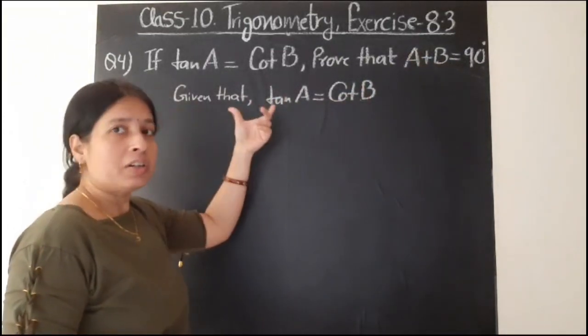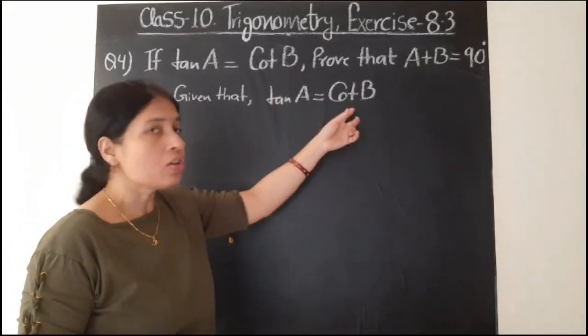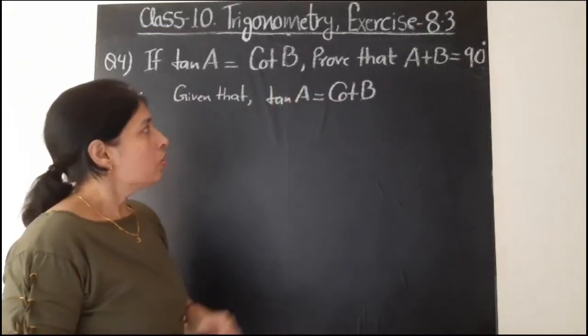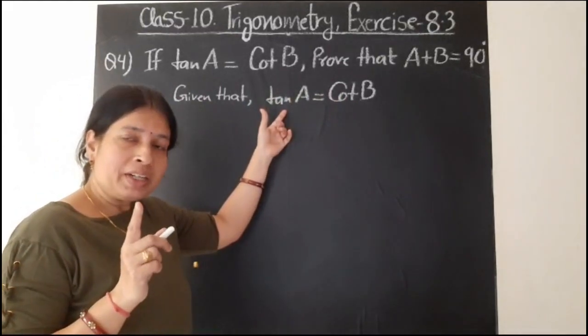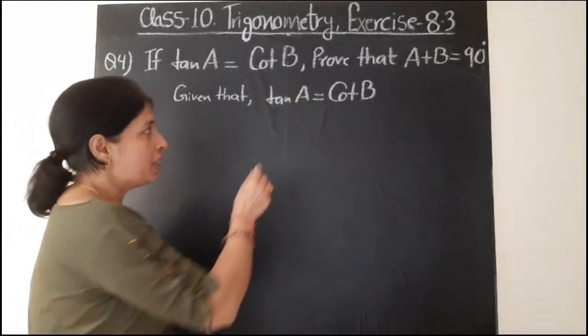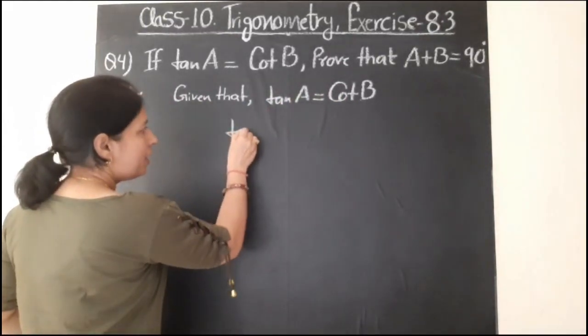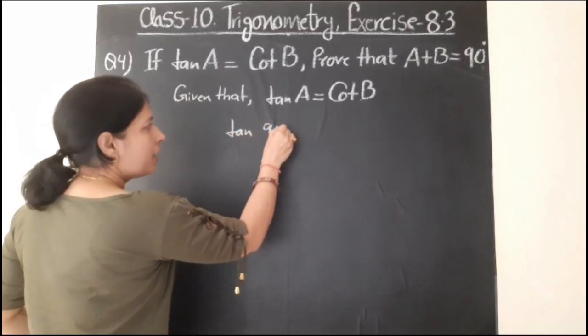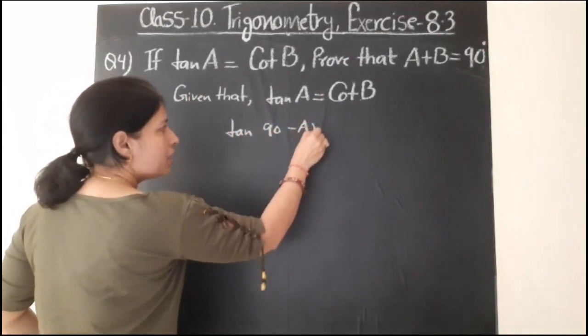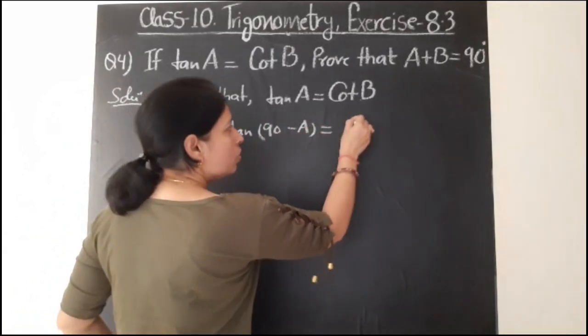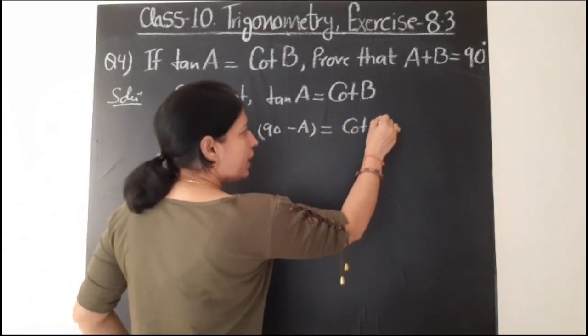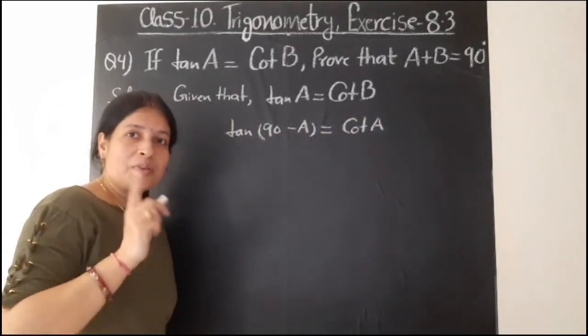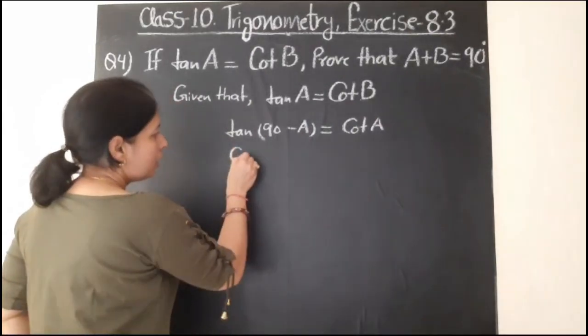So either we convert this tan into cot or this cot into tan. So you know the trigonometric ratios of complementary angles. What is the formula for tan 90 minus A? Tan 90 minus A is equal to cot A. And what is the formula for cot 90 minus A?